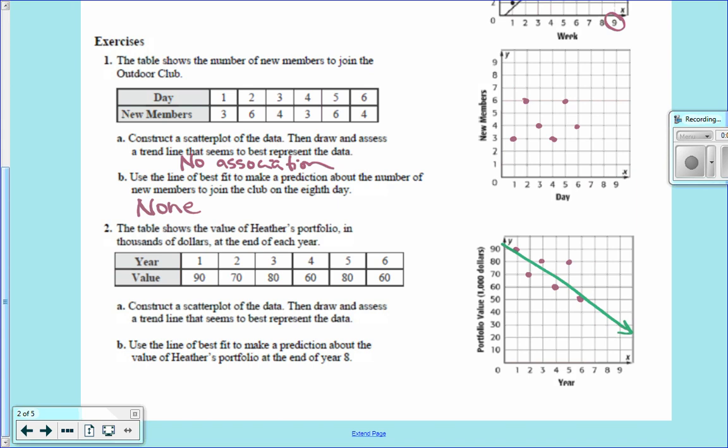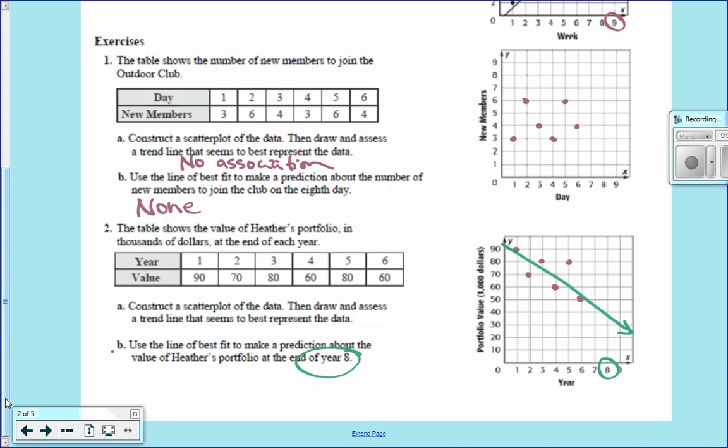In part B, it says we're going to use the line of best fit to make a prediction about the value of Heather's portfolio at the end of year 8. So year 8 is right here. We can predict about what? 50, 40.